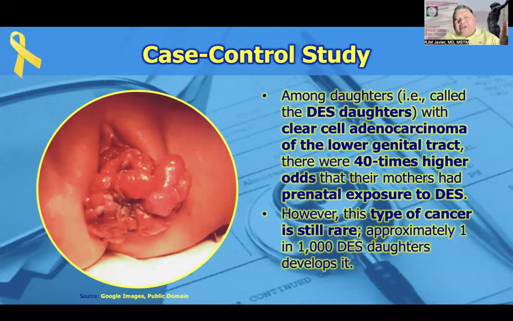That is why, if you look at the conclusion of the authors, they said among DES daughters with clear cell adenocarcinoma of the lower genital tract, they begin with the outcome. There were 40 times higher odds that their mother had prenatal exposure to DES, and that is the exposure variable.